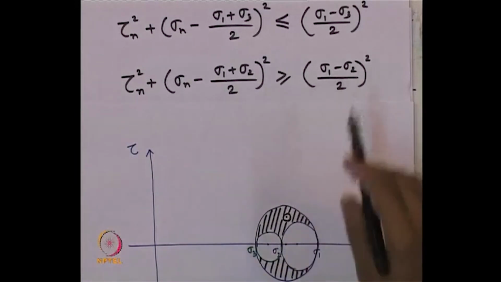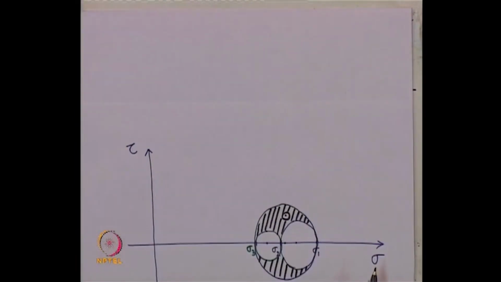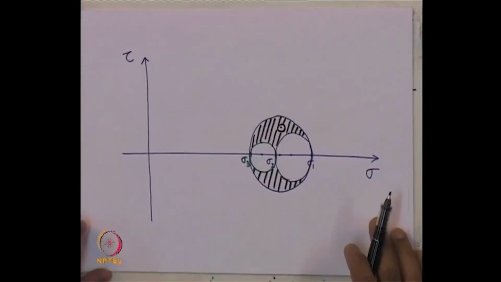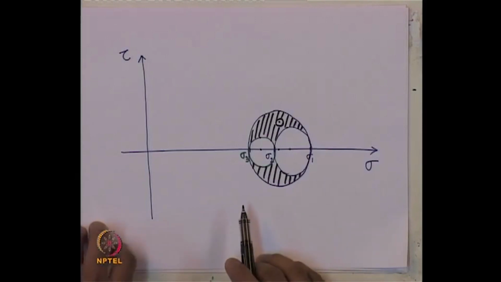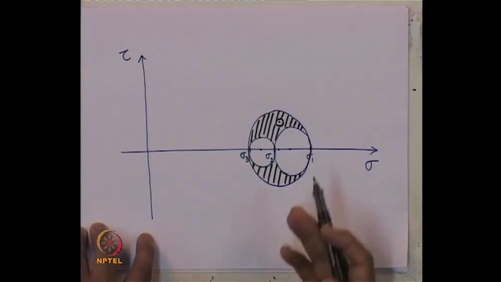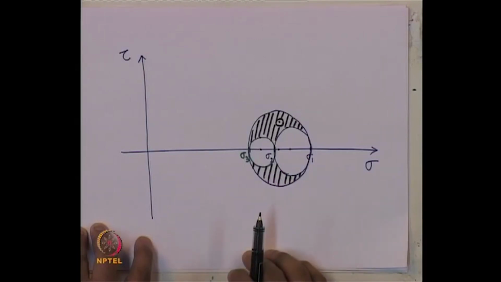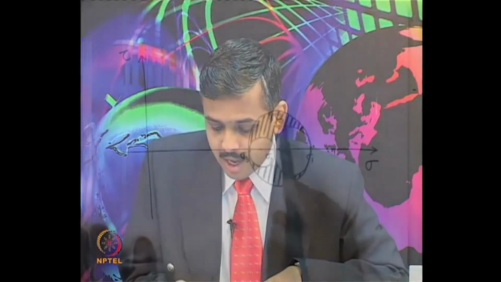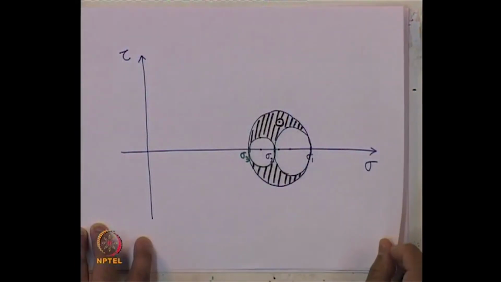So, from these three equations, what we get is the graphical representation of the three dimensional stresses in a soil element. This is the graphical representation in 2 dimensions, meaning 3 dimensional stresses we are representing in 2 dimensions using this concept of Mohr circle, where any state of stress must lie in this shaded zone, not in any other areas.